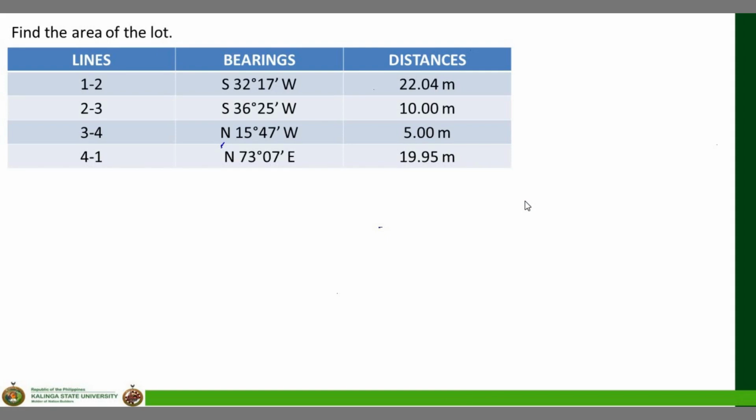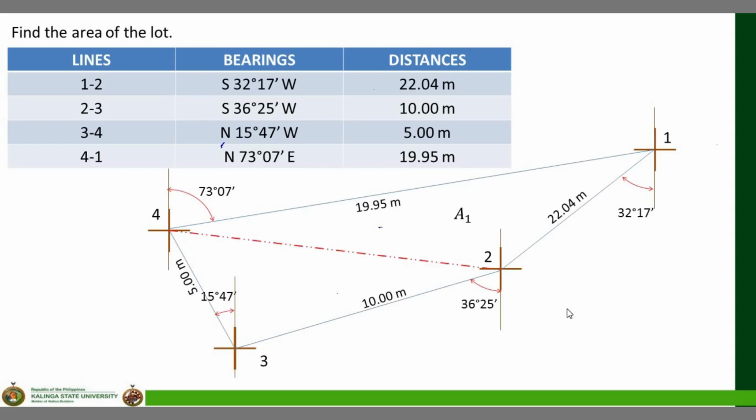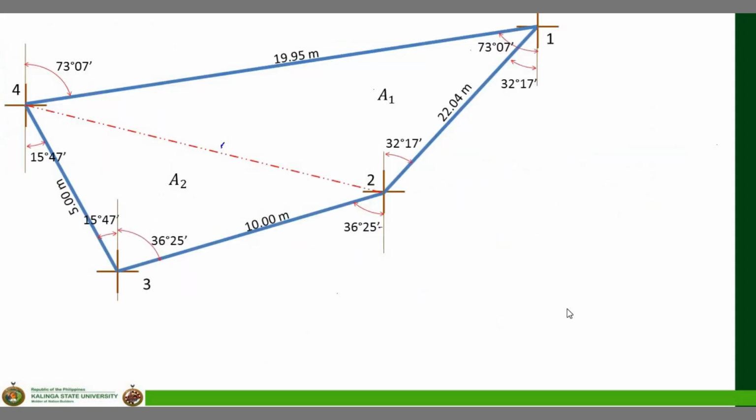Sabi ko nga kanina, if you are comfortable with Heron's formula, you stick with that. As I've said, it is your prerogative what formula you're going to use as long as alam mo kung ano yung pinaglalagay mong mga values. So again, I am not saying na Heron's formula lang ang gamitin.